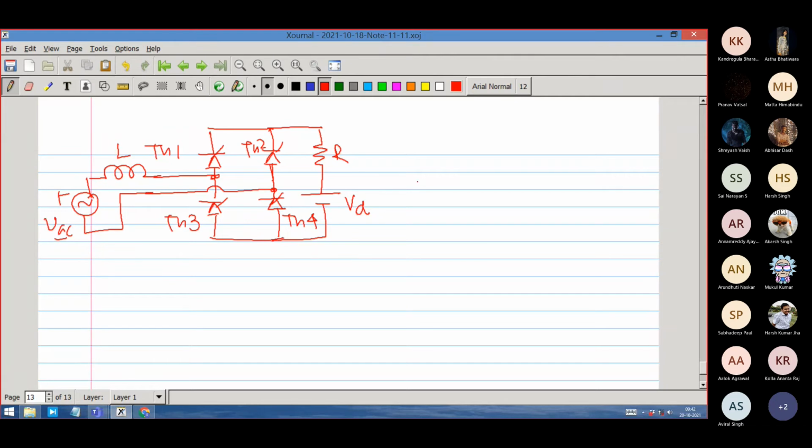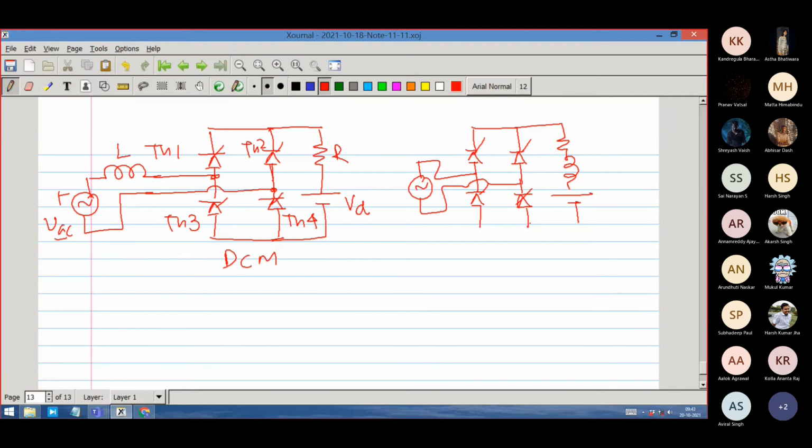Compare it with the earlier case. Think and decide in what way CCM and DCM are comparable, assuming the same values of R, L and VD have been used. Are they different or the same? In what way are they different, in what way the same, and what do you conclude?